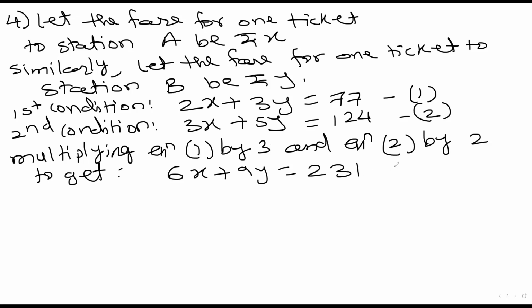Correct, 231. Let us call this equation 3. And what do you get? 6x plus 10y is equal to 248.